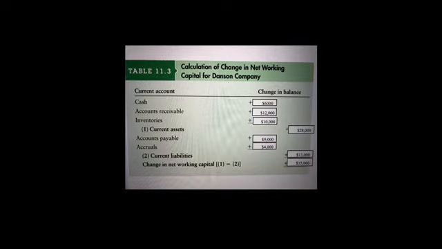You add the two and you get 13,000, which is your current liabilities. So you take your current assets, 28,000, minus your current liabilities, 13,000, and you get 15,000, which is your change in net working capital.